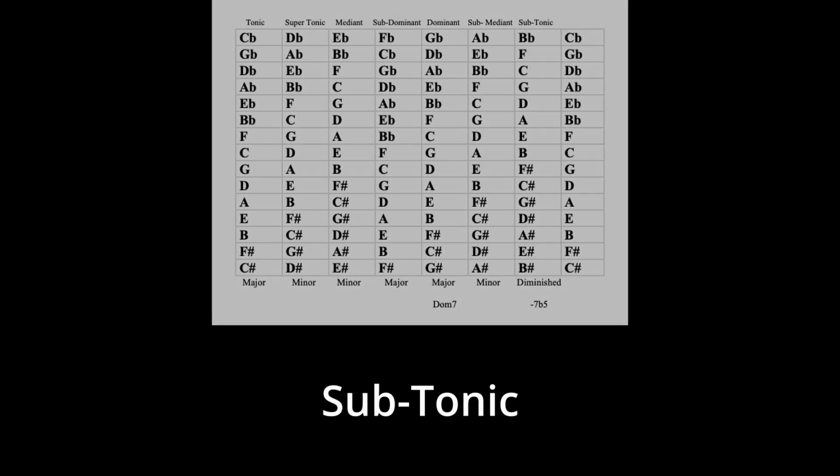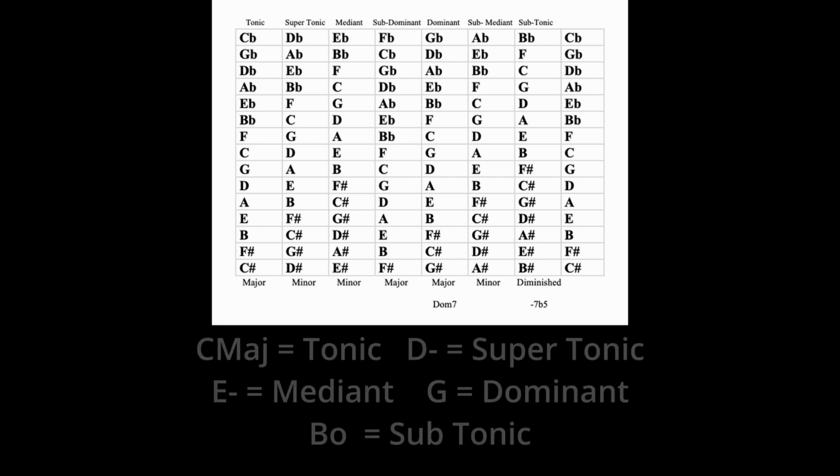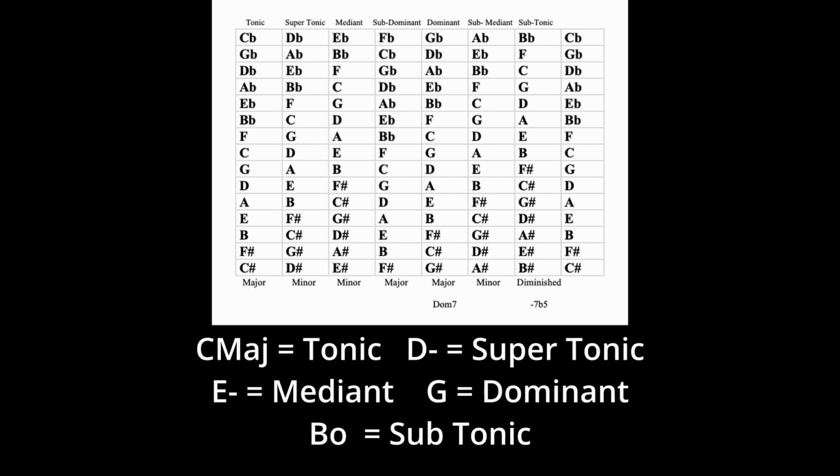The seventh chord degree in a key is referred to as the subtonic. It is one scale degree below the tonic. In the key of C, C major is the tonic chord, D minor is the supertonic chord, E minor is the median chord, G is the dominant chord, and B diminished is the subtonic chord, also known as the leading chord.